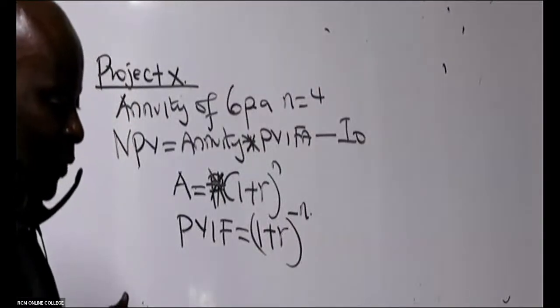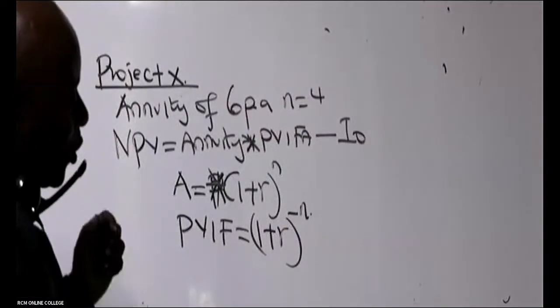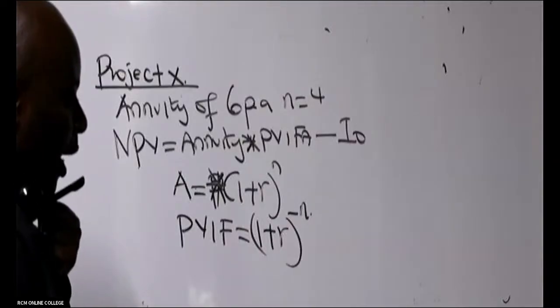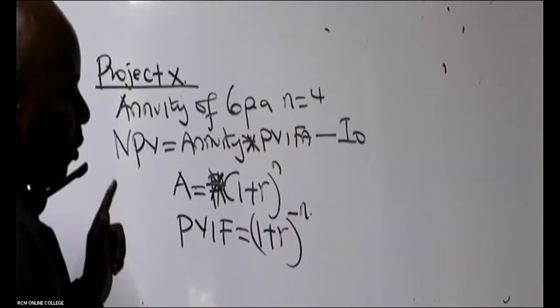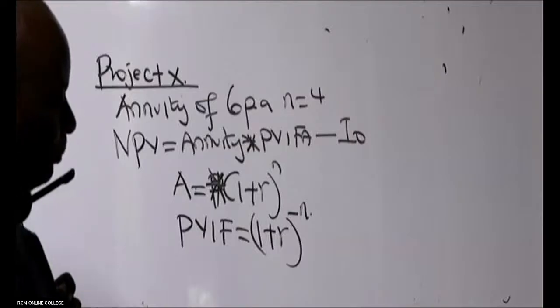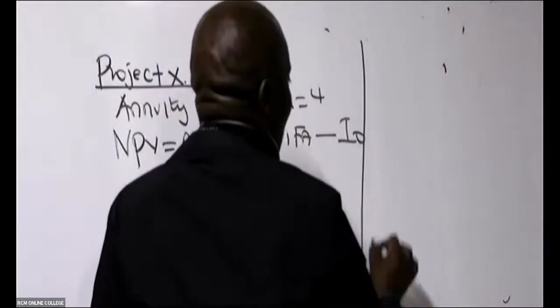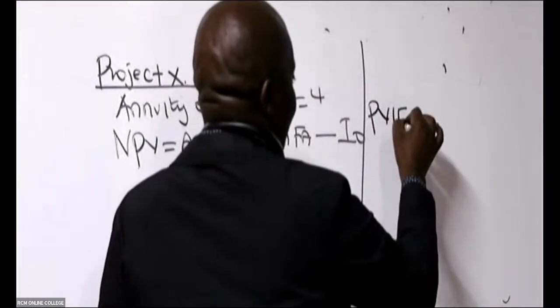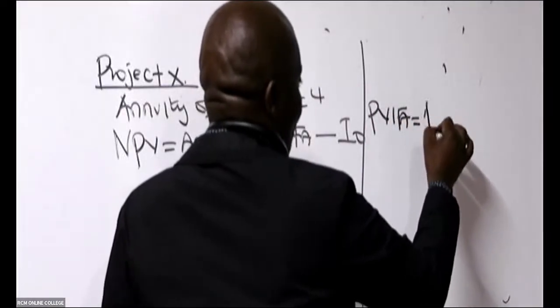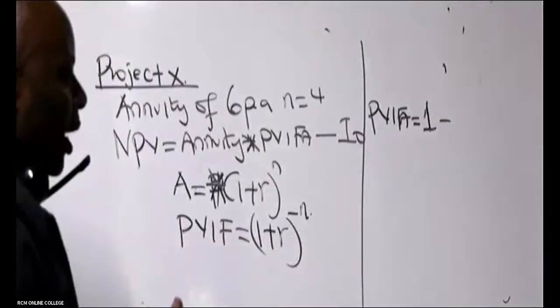This is PV. Anytime they tell me to write the formula of PVFA for annuities, I will first of all remember this formula, and once I remember it, I will be able to come here and write PVFA. So PVFA will be 1 minus this smaller formula.